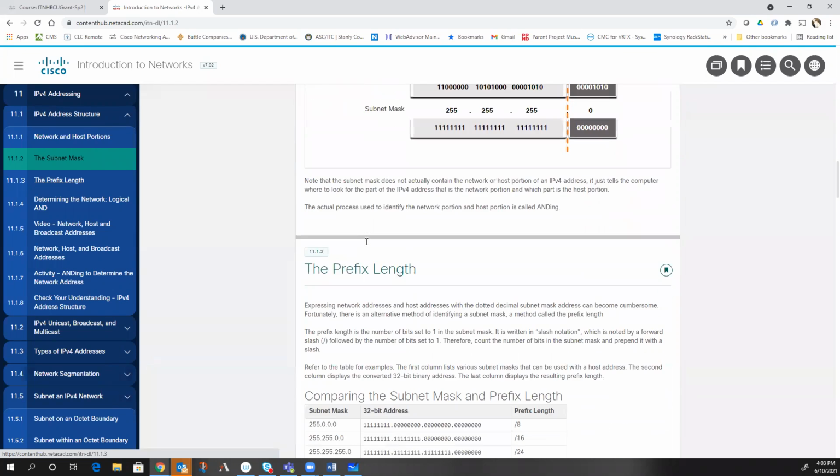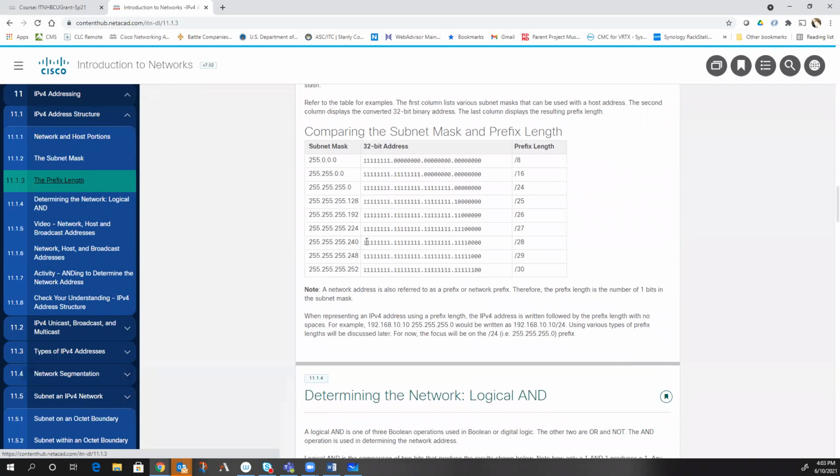Okay. You see, that's the way that you see comparing the subnet mask and then prefix length. Like when you ask me for 27, you see there, I've already calculated all those back there.